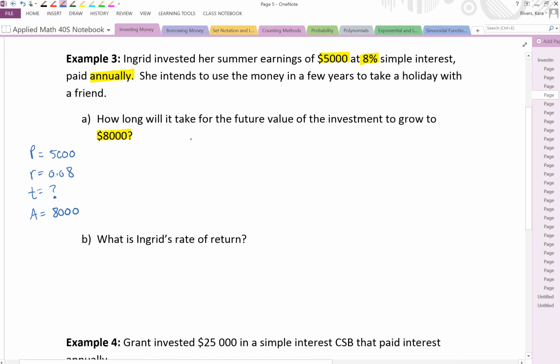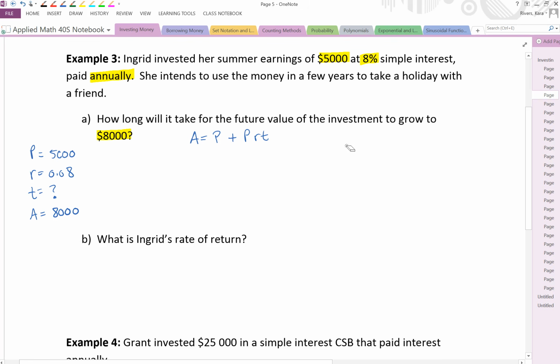So if we use our formula, A is equal to P, 1, well, I was going to use the 1 formula, but we'll use the one with PRT because our t is already out. If I used this one that I was originally going to go with, you're going to be taking extra steps to try to get that t out of the brackets first, whereas in this other formula, t's already by itself.